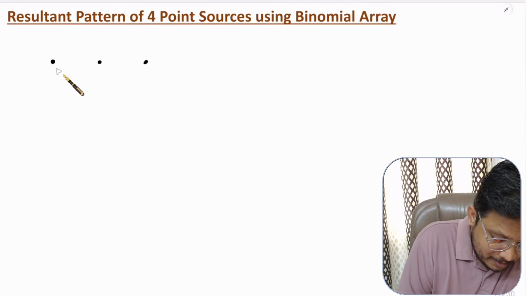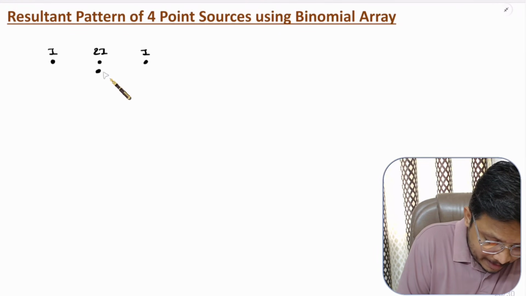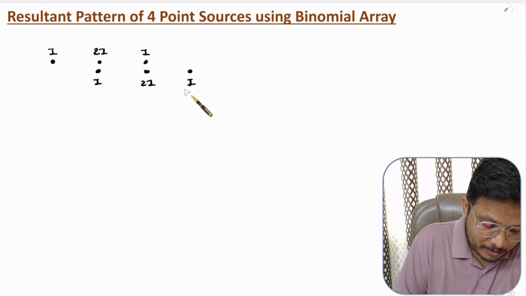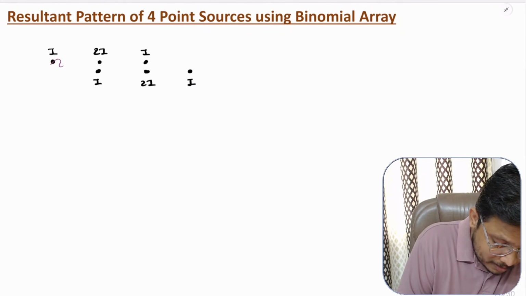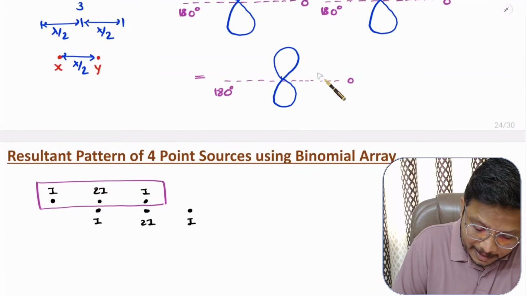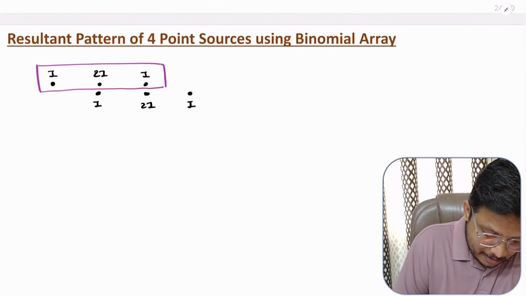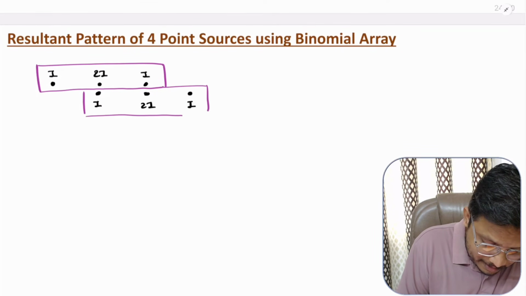Here we have I, 2I and I, and another combo that I am taking has current I, 2I and I. If you talk about this combo, I, 2I, I, it has this radiation pattern, and the second I, 2I, I also has the same radiation pattern.